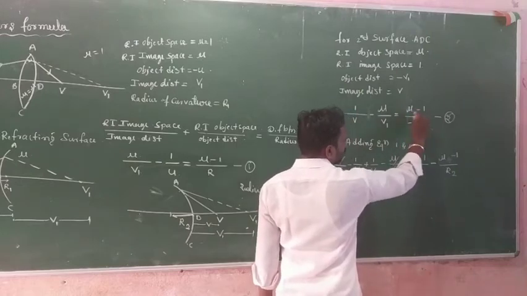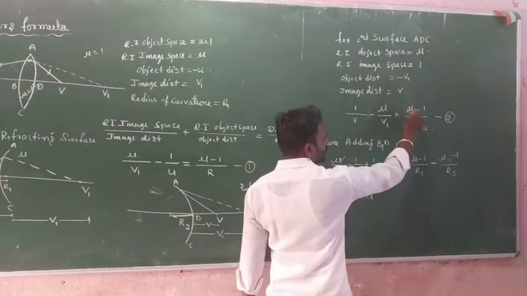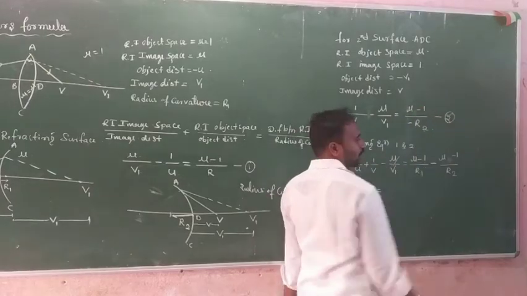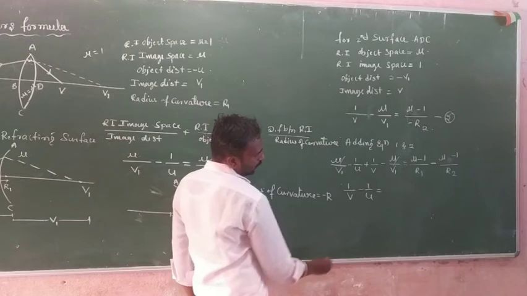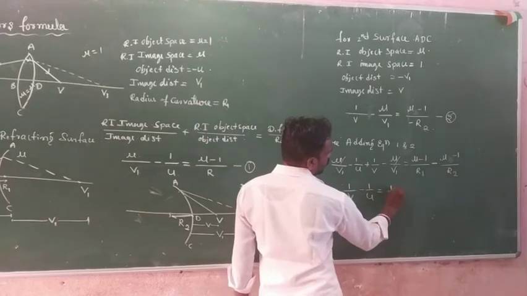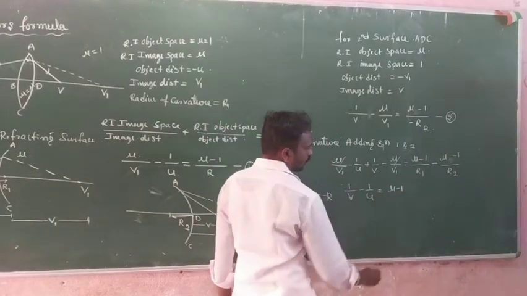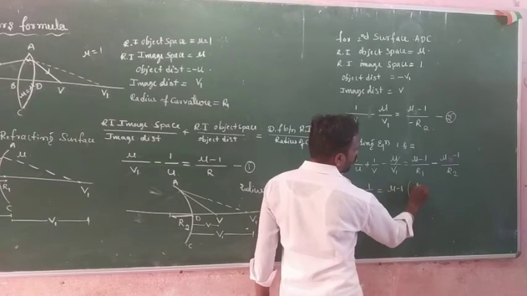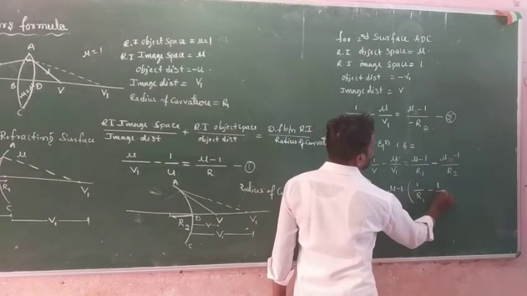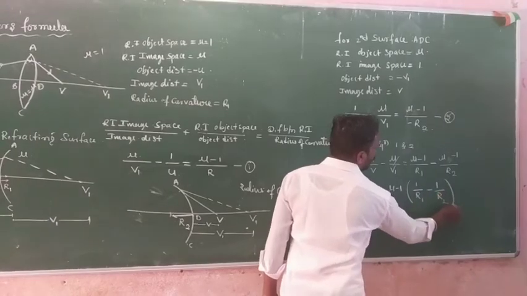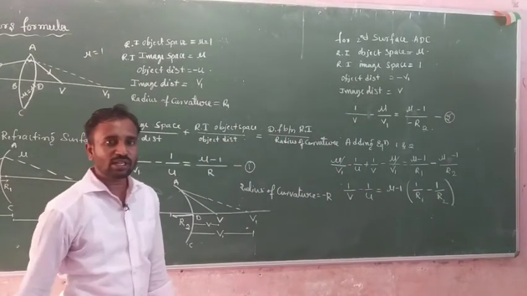Sorry, so here we consider mu. Why? Because the second surface is mu, the first surface refractive index is 1. Okay, so 1 by v minus 1 by u is equal to mu minus 1, take common, into the bracket 1 by r1 minus 1 by r2.